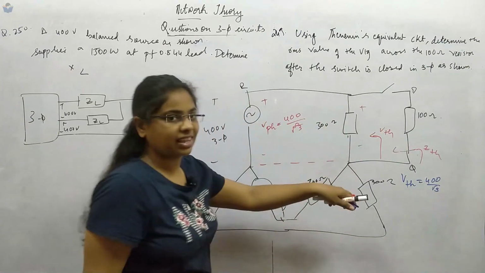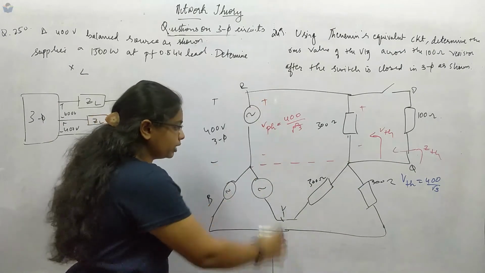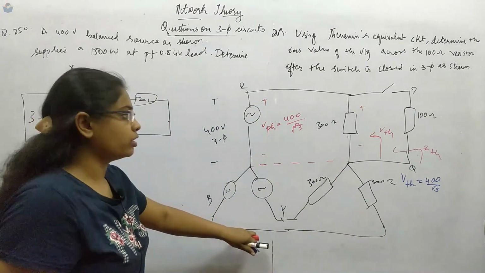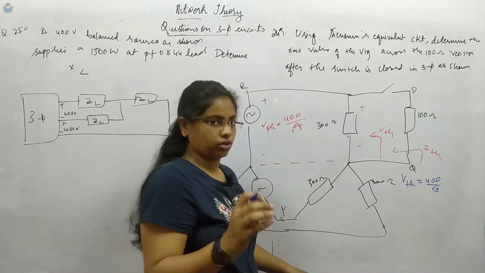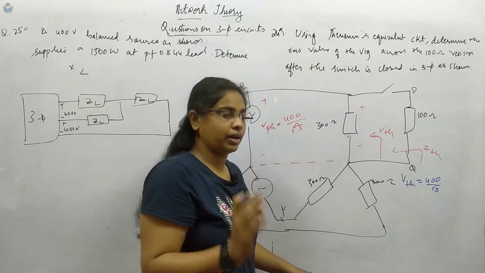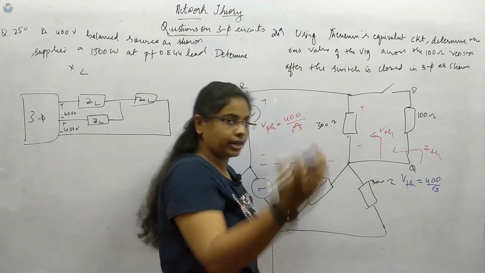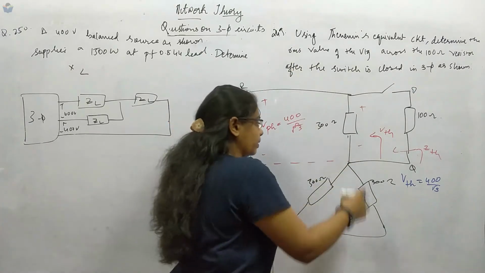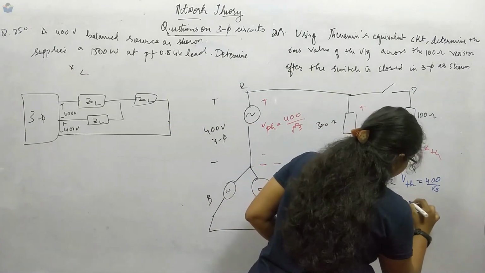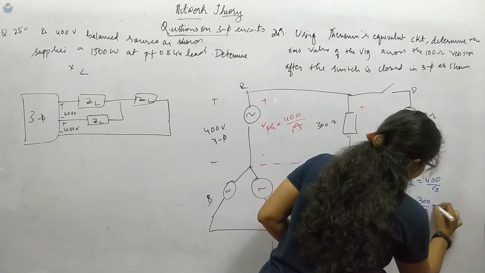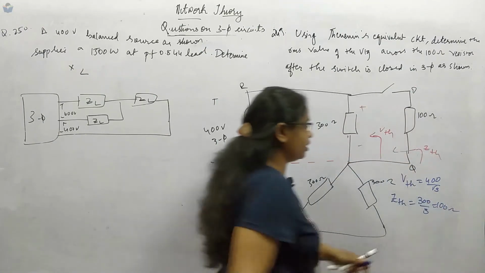Next, to find the ZThevenin, you have to short circuit all the voltage sources, the independent sources. When you do that, you can find that these three are connected to a similar point at the two ends. So it means that they are in parallel. So ZTH will be 300 by 3, which is 100 ohms.